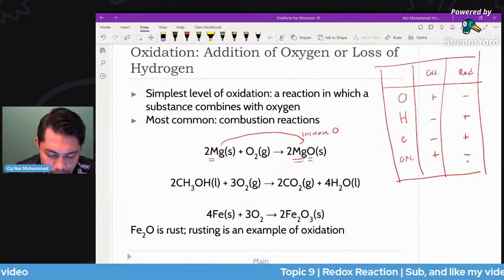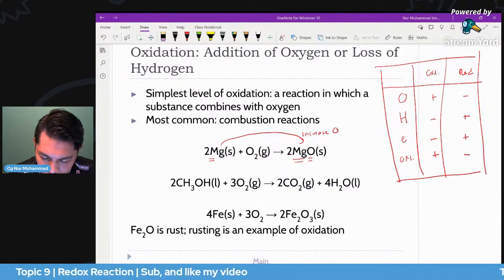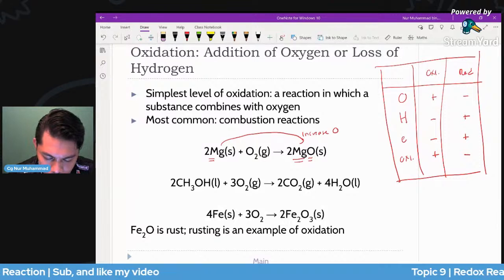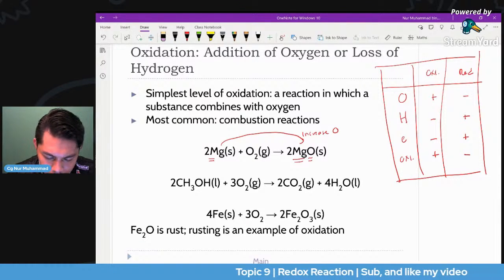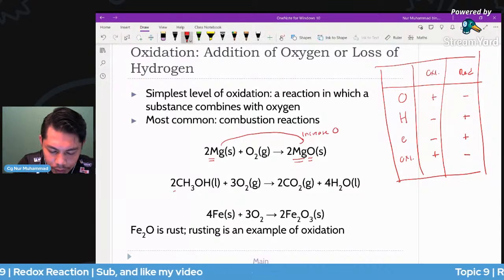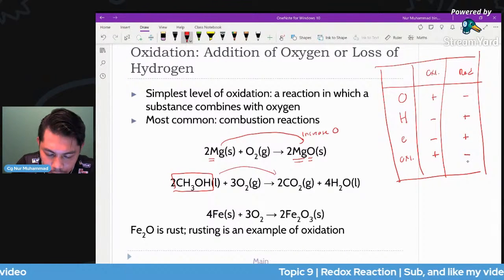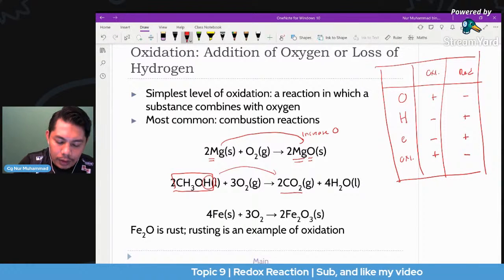Yang mana ni? Mana contoh kita nak tengok ni? Sama ada release hydrogen. Okay, kita tengok yang ni lah. Karbon kan? It release hydrogen.